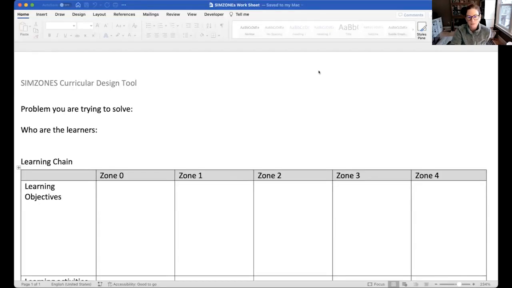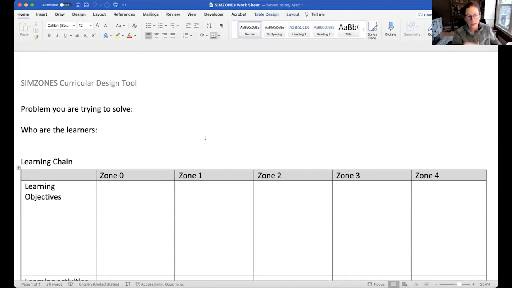And this is sort of my first attempt to help us collectively when we think about using SIMZONES to design and solve a problem in your curriculum, whether they're not getting clinical experience or you want to animate a part of your curriculum.